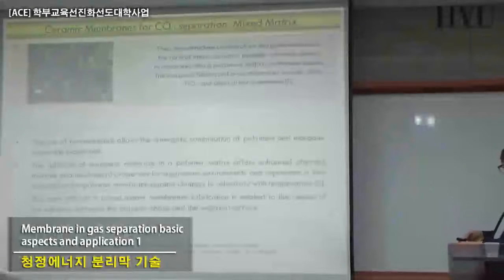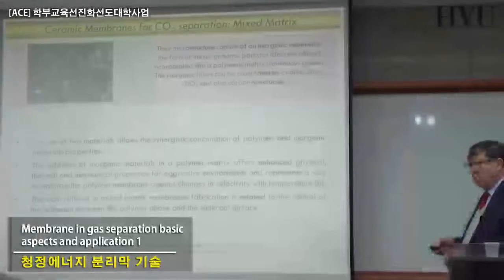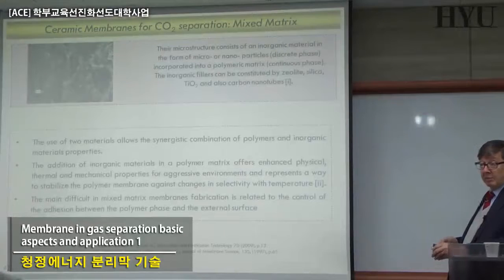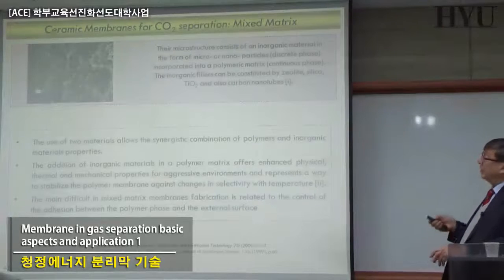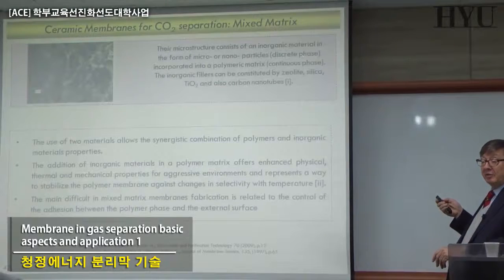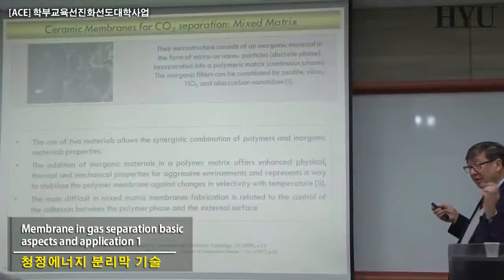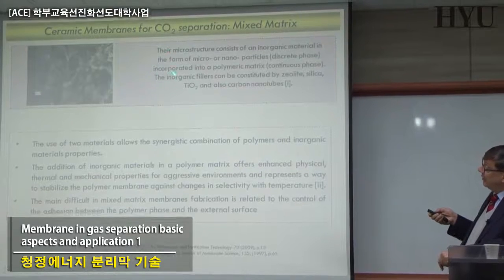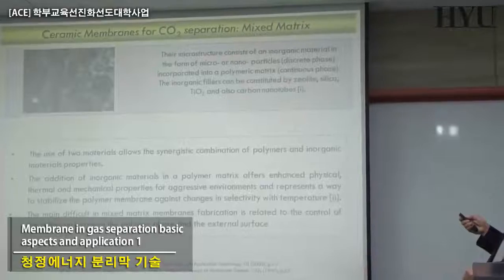The other area of interest, which is in part related also to zeolite membranes, is this: with zeolite you can also prepare a mixed matrix, where you have a polymeric structure and the zeolite embedded inside. These are the membranes that we call mixed matrix membranes.